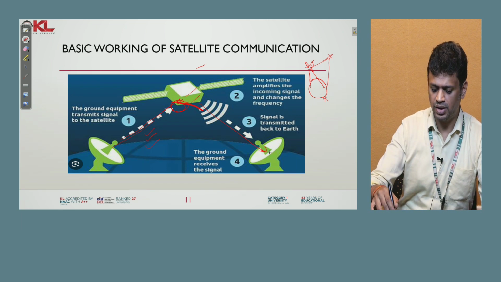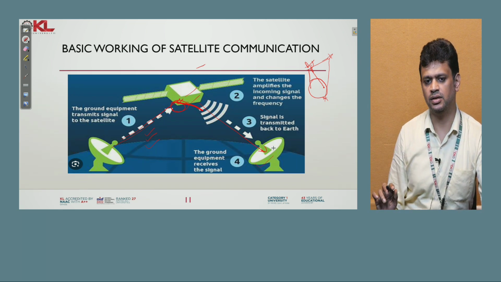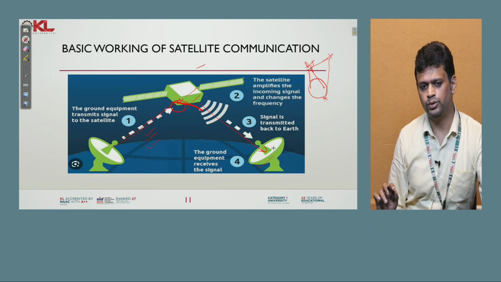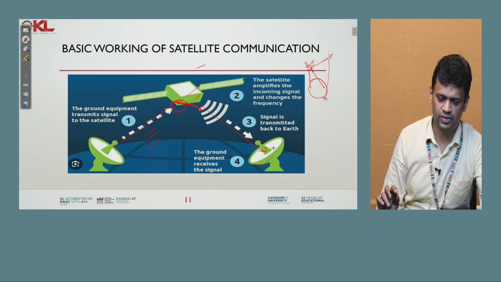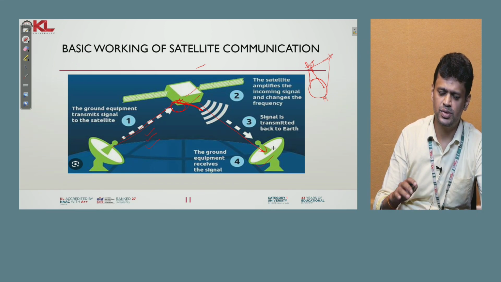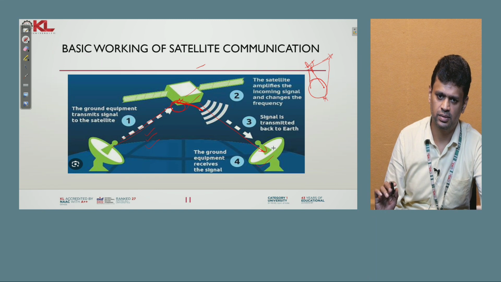So the ground equipment again receives the signal. So two important things the satellite does: first, it amplifies, and second, it changes the frequency. And then it transmits the signal back to the other ground station.